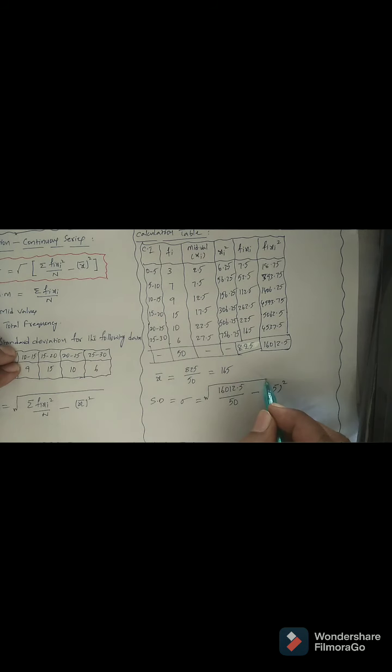Now we go for the actual wanted value, standard deviation, sigma. So what's the formula? Already the formula is here. I'm substituting. So what is sigma fi xi square you got? 16012.5 by n, what is the n value? 50, minus what is the x bar value? 16.5, not 165, correction, 16.5 whole square. So this is all under a single root. Careful.